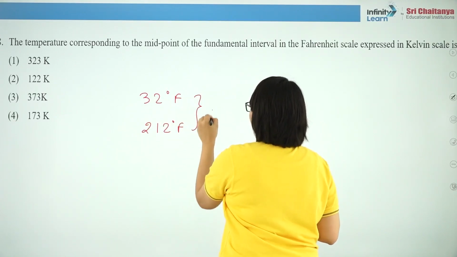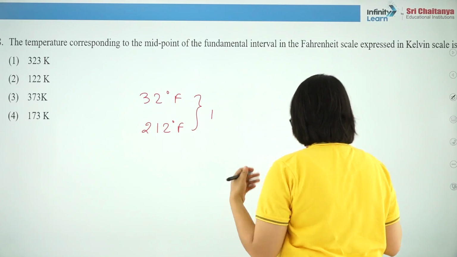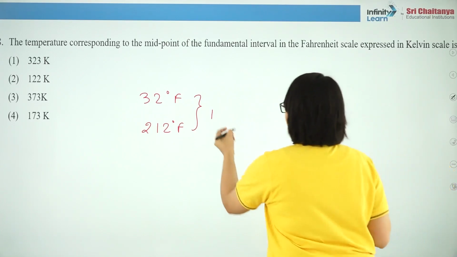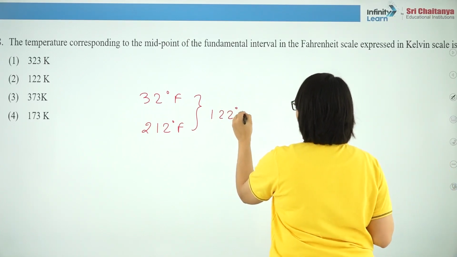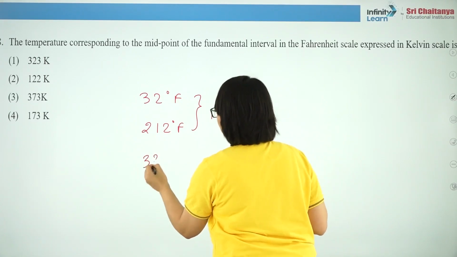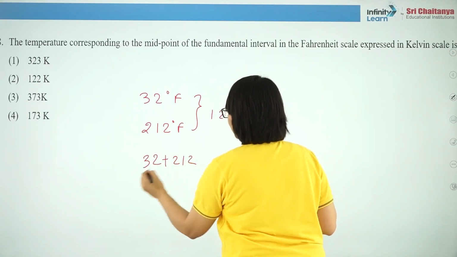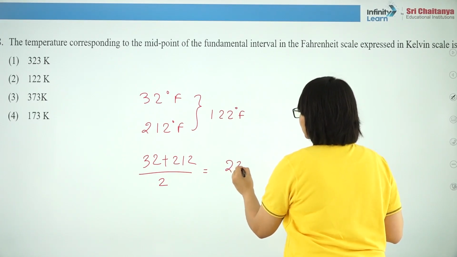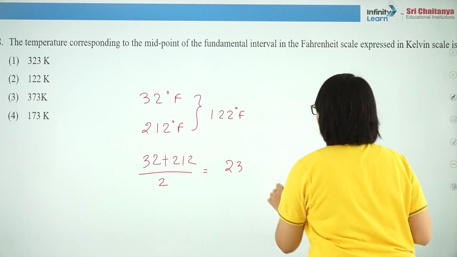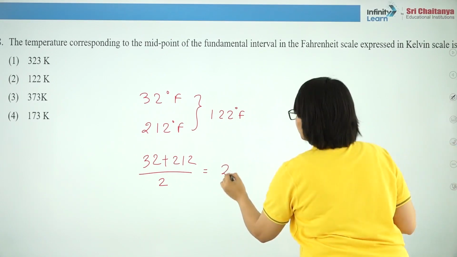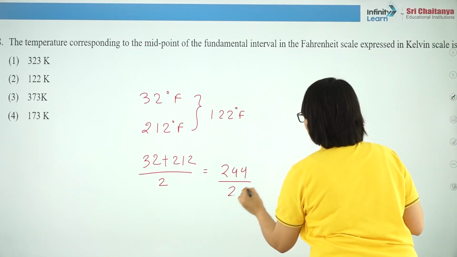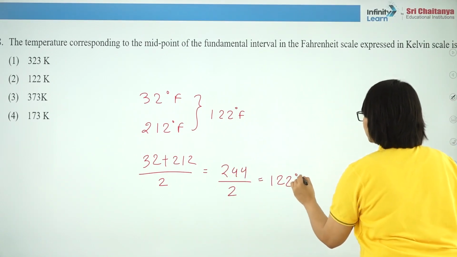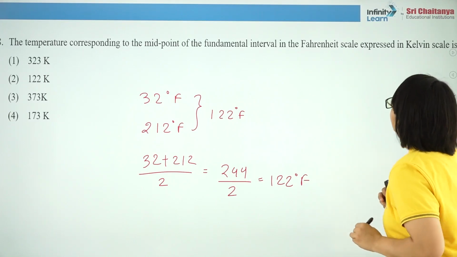Its average will be 122 degree Fahrenheit. You can calculate the average by 32 plus 212 divided by 2 and it will be 244 divided by 2, which is 122 degree Fahrenheit, right.